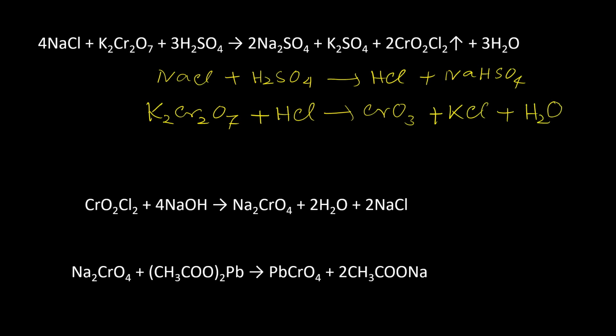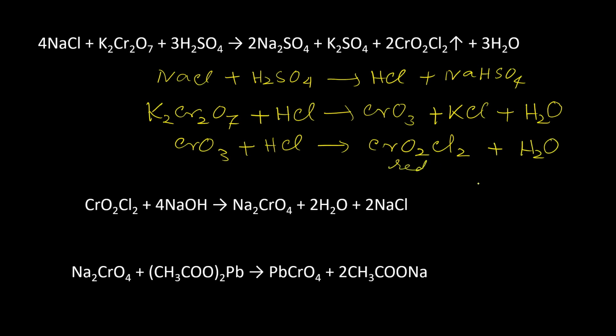Right? Now, this chromium trioxide combines with hydrogen chloride, that means CrO3 plus HCl. Then it gives you the chromyl chloride, red vapor of chromyl chloride, CrO2Cl2, plus here it is water. So this is your red vapor, right?